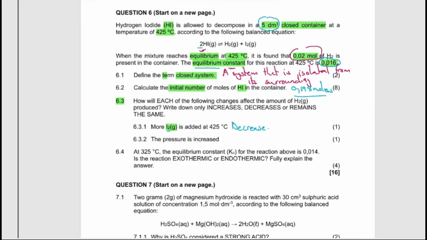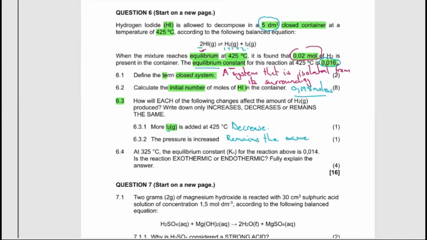This side we have 2, and this side is 1 plus 1, which is equivalent to 2. Therefore, increasing pressure will not have an effect because the number of moles is equal on both sides. So our answer there is remains the same.